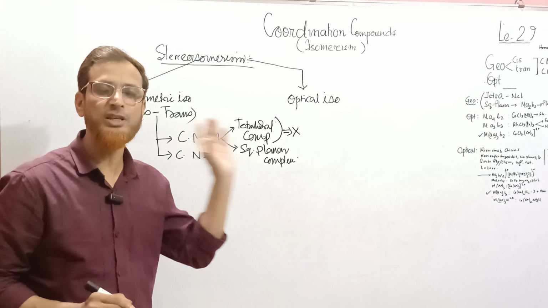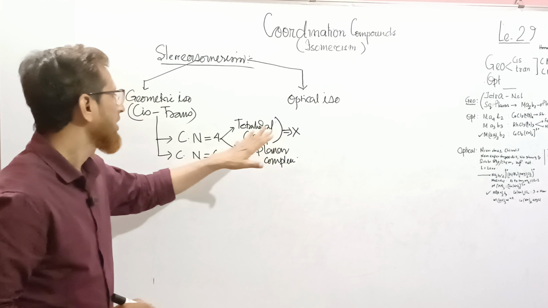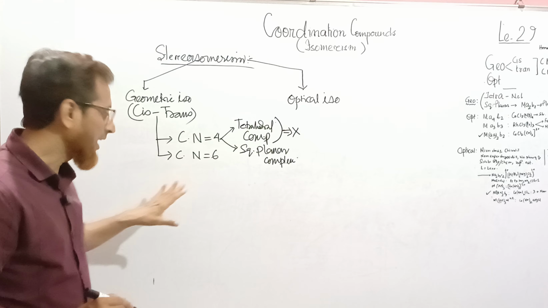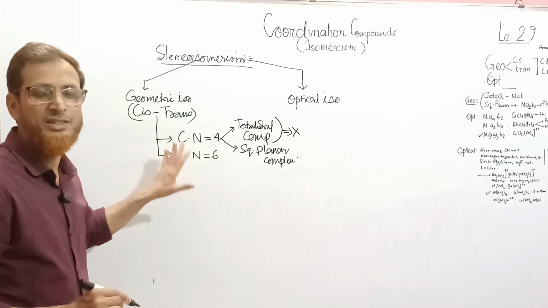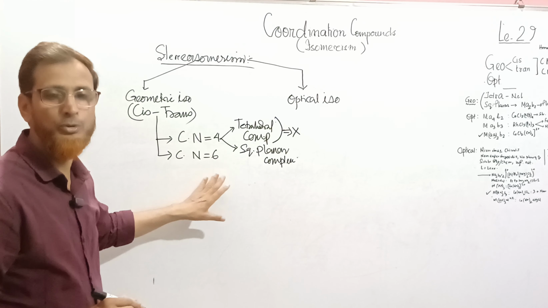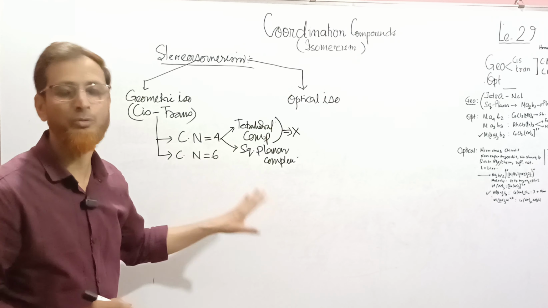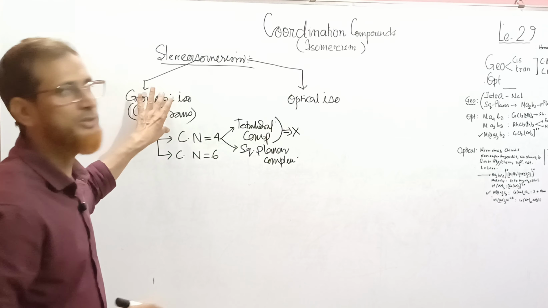Orally I am telling you, you may note it down, because in tetrahedral complexes the ligands are arranged symmetrically with respect to each other around the central metal ion. Hence they never show any geometrical isomerism.